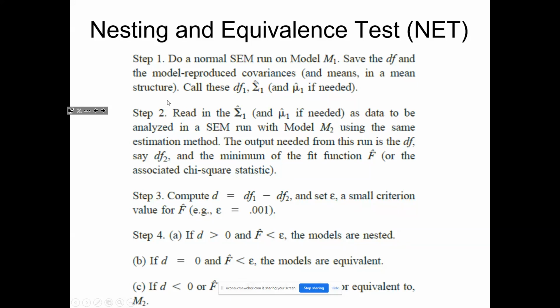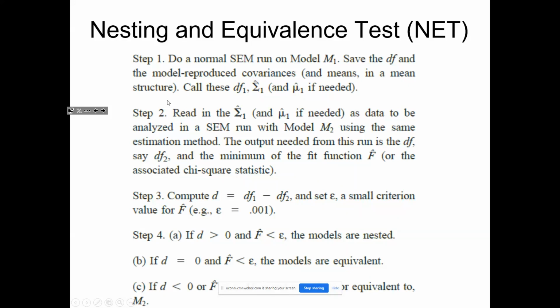So the model implied variance covariance matrix that we get out of model 1, we're using to run model 2. That's right. And it should fit perfectly if it's nested, because model 2 is basically the same as model 1 but with some extra parameters that are soaking up the variance that model 1 did not touch.